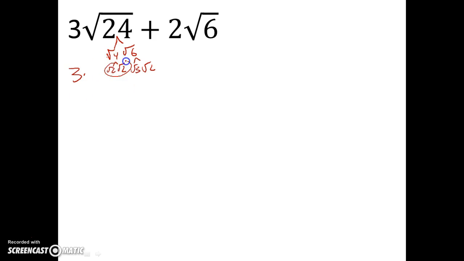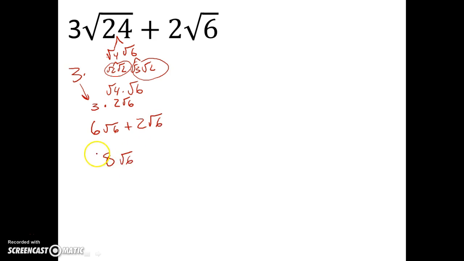So this pair will become root 4 times this pair, which will become root 6. The square root of 4 is 2, so I have 2 root 6, and I'm multiplying it by this 3. So now I have 6 root 6 plus 2 root 6, which becomes 8 root 6.